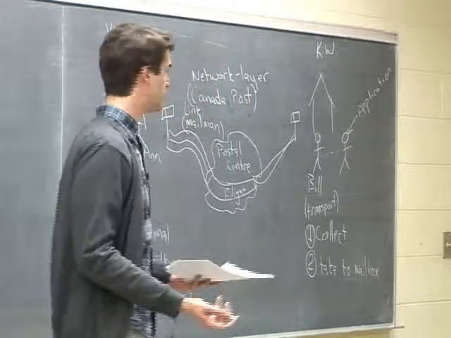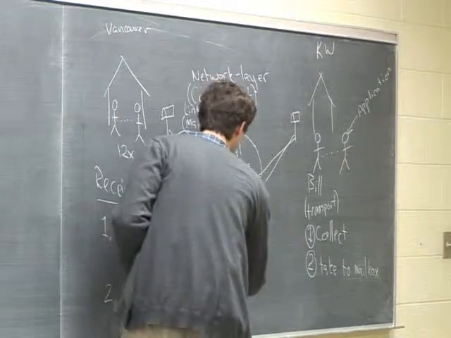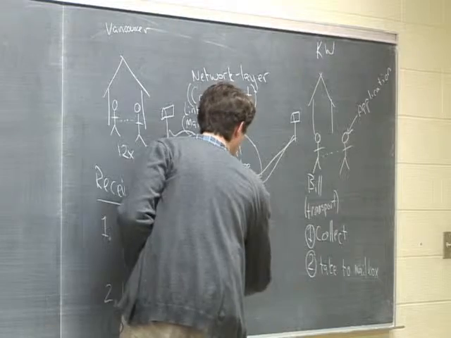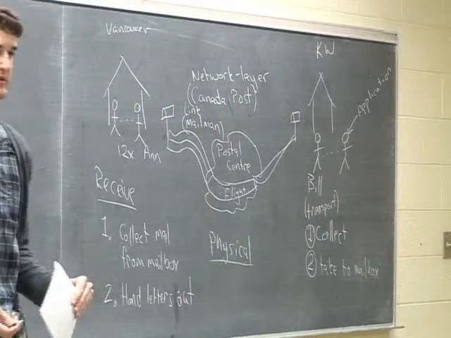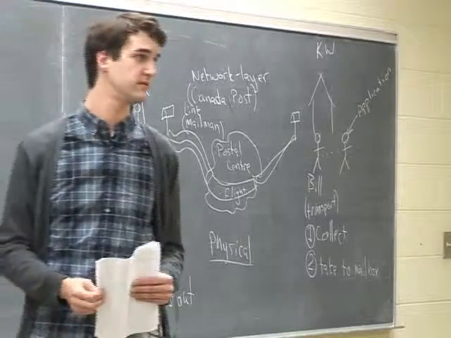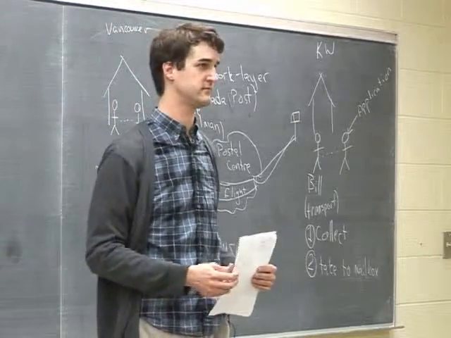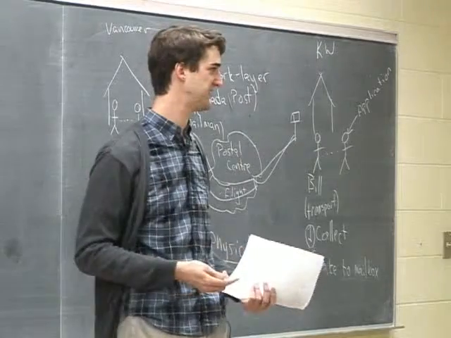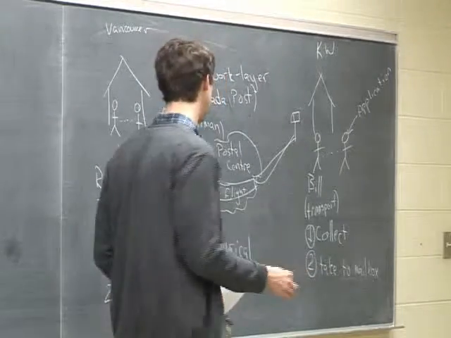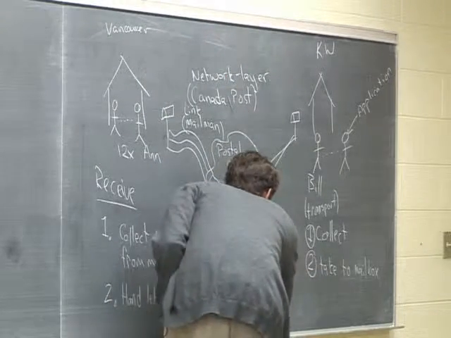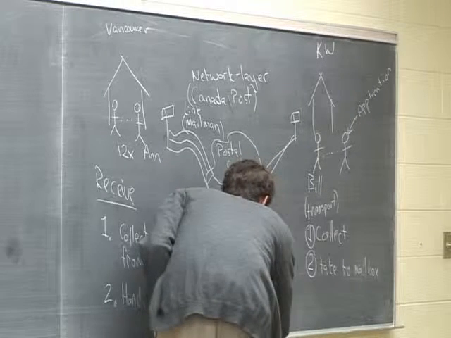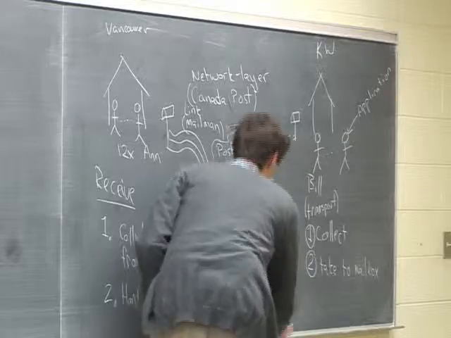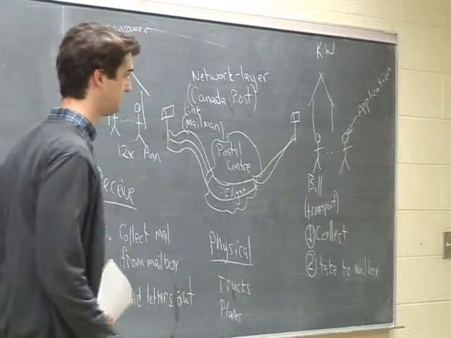And then the physical layer, in this case, can anyone tell me what the physical layer would be? So yeah. The trucks and the planes? Yeah, exactly. The actual trucks. And the planes themselves.